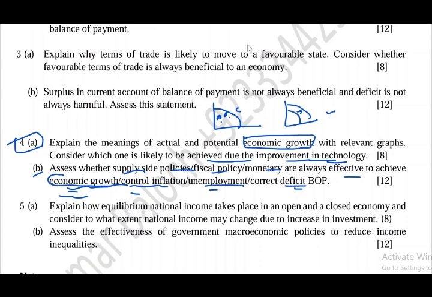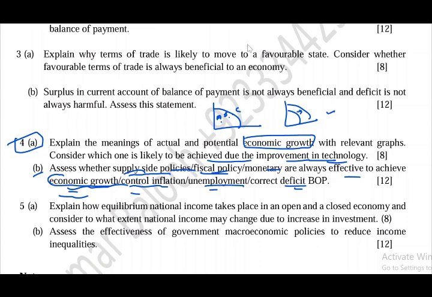And if the examiner asks, keep in mind the important thing that you can't mix up the tools of fiscal policy, supply side policy, and monetary policy. Tools of supply side policy are subsidy, deregulation of monopoly, trade union reforms, capital expenditure of government on long-term projects, and privatization. These are the tools of supply side policy, and you have to write these tools when you are talking about supply side policies.